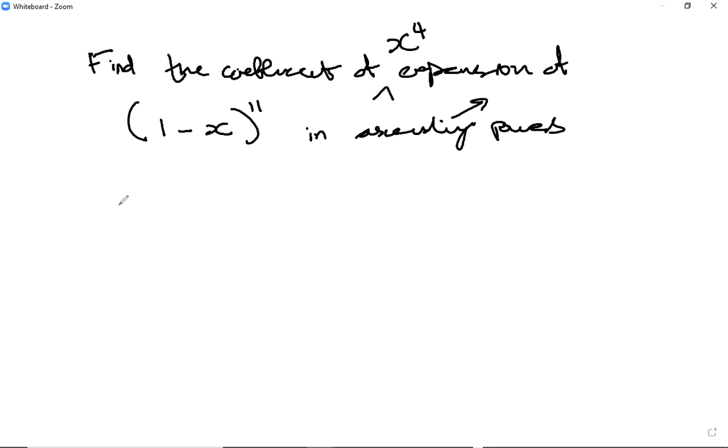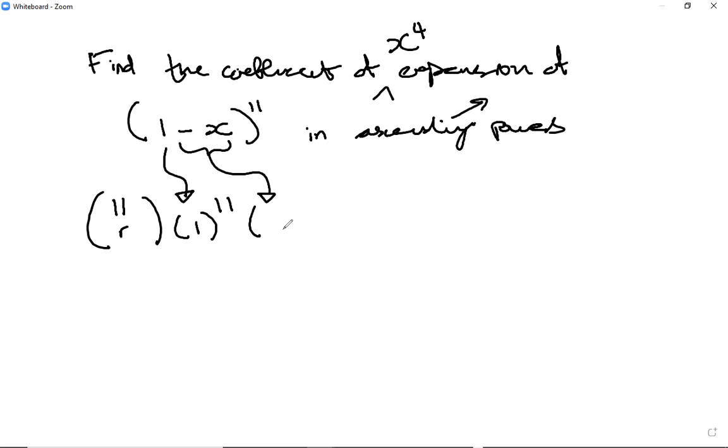Now, if I have to draw this up, I know that I'm going to take 11CR. I take the first term, put it in a bracket. That gets raised to the power of 11, and then the second term gets raised to the power of the difference.